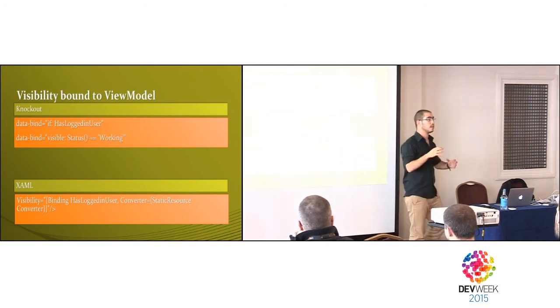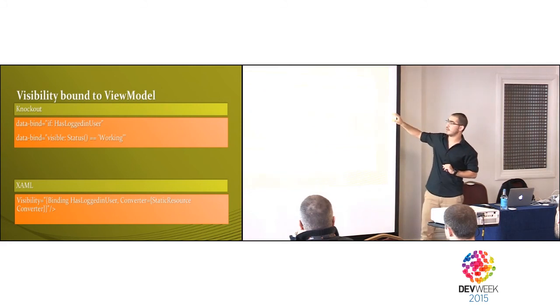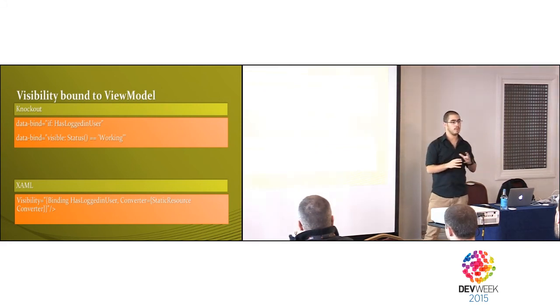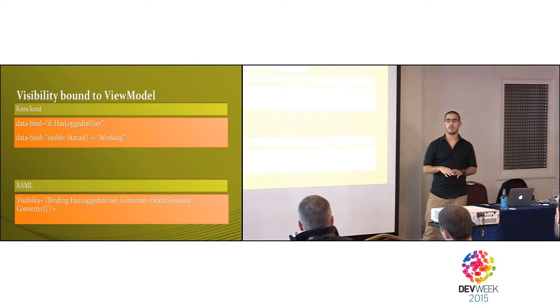You can actually say it in the UI itself. This is part of the HTML. So you can play with the logic in the HTML itself, which is kind of nice because it saves you some time, but you need to remember that the logic should be in the view model, so you need to be careful with that.